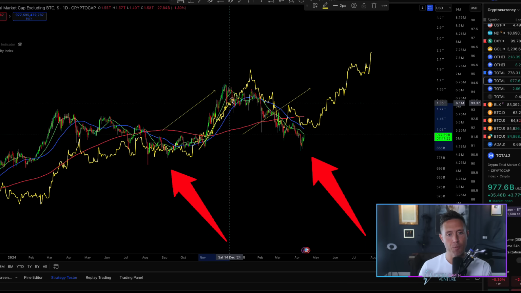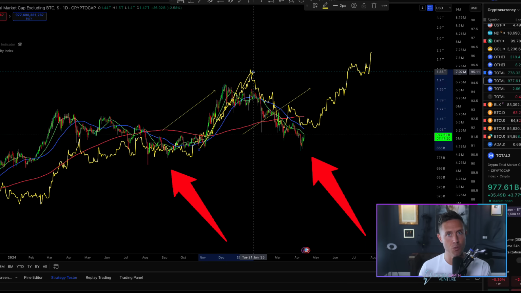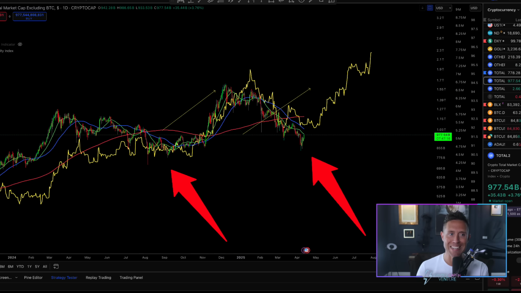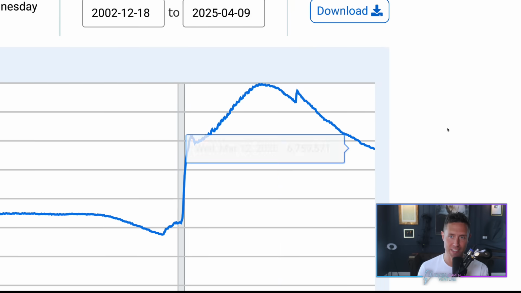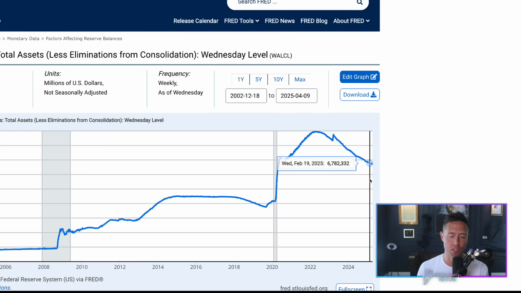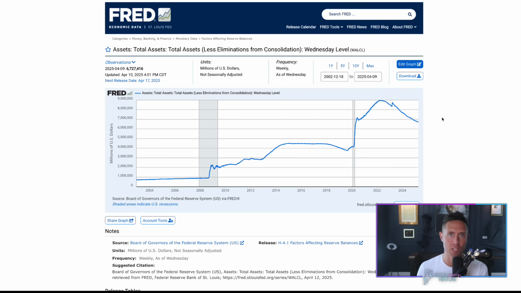We had this uptrend in M2 liquidity, but what we didn't have, I think, is this. And this is why I continually come back to this. The Fed starts tapering off on the QT and starts leading into QE. That's what we're looking for with altcoins.